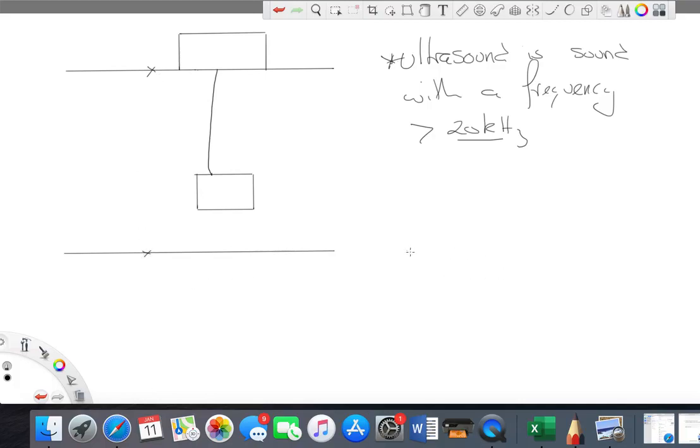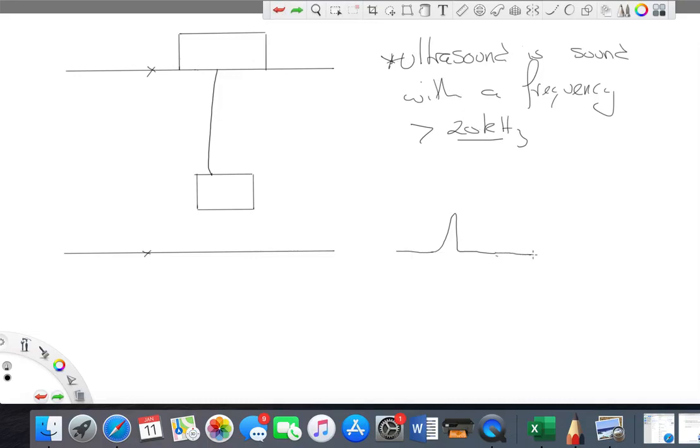So if I was to be looking at the trace that I might see on my oscilloscope, I would get a reflection as it goes from the air into the steel, and then I would get a reflection as it goes from the steel into the air.